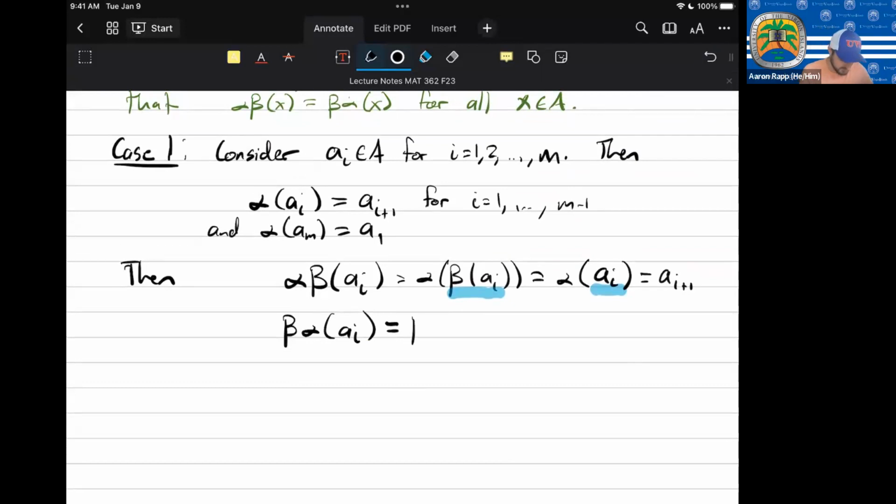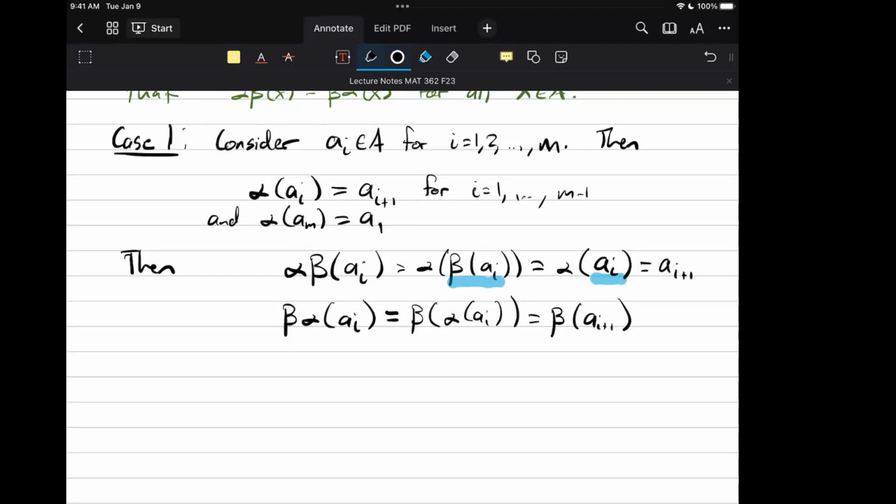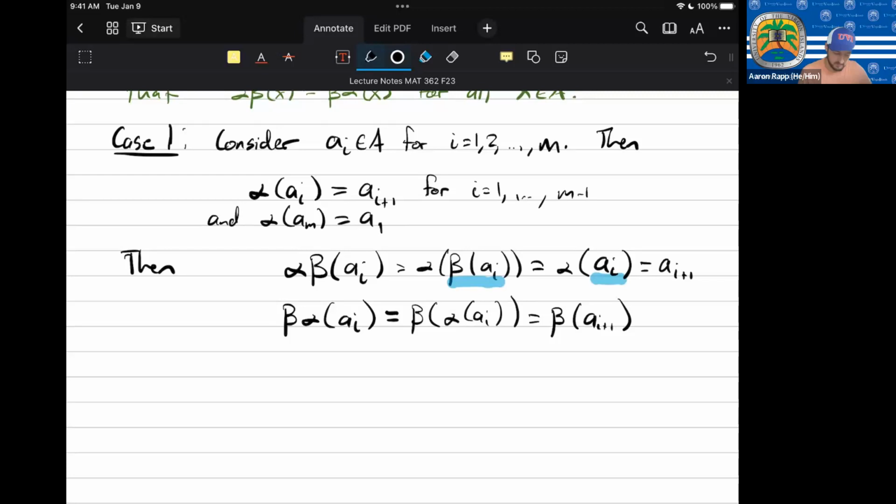Well, this is going to be beta of alpha of little a sub i. But we just said alpha of little a sub i becomes a sub i plus 1. And then what is beta of a sub i plus 1 going to be? A sub i plus 1. Yeah, just that same element.